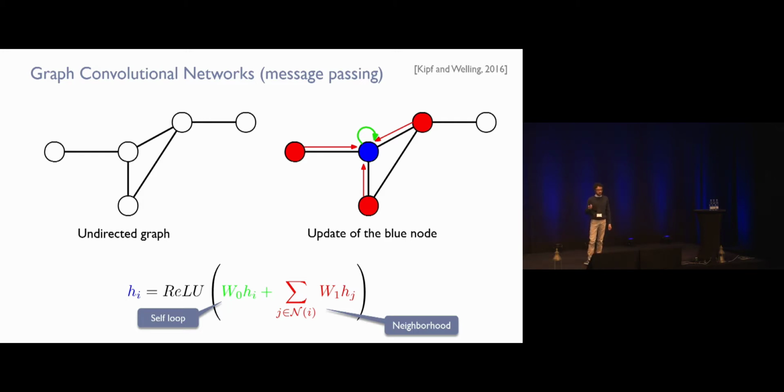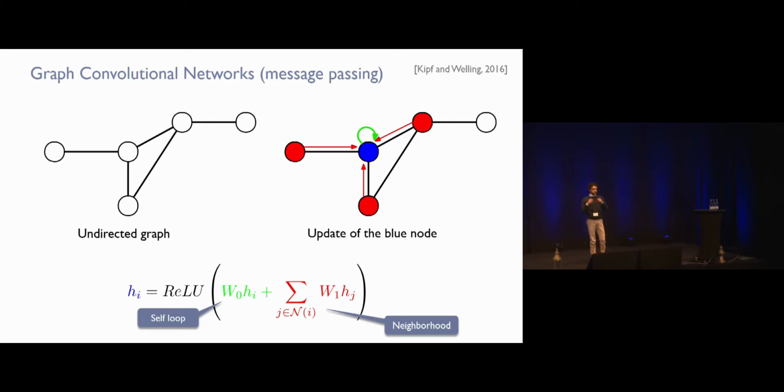More formally, the update rule looks like this. Each node is a vector, and the message is a linear transformation of this vector. We have a self loop that is basically information about the node itself, and information coming from the neighboring nodes.